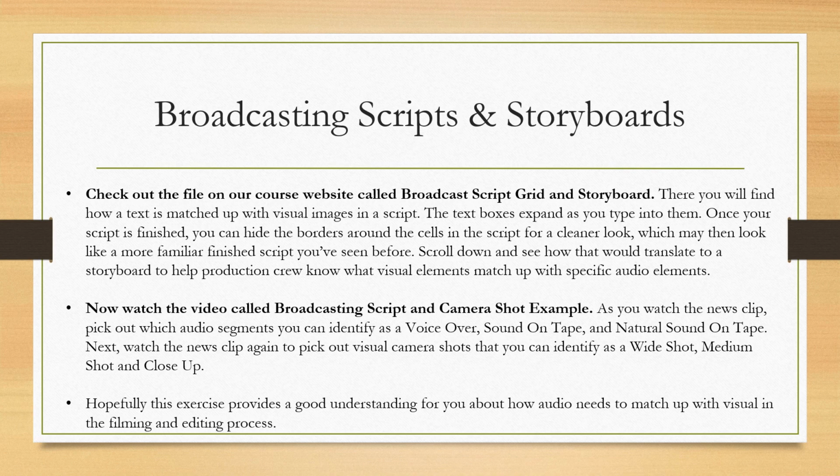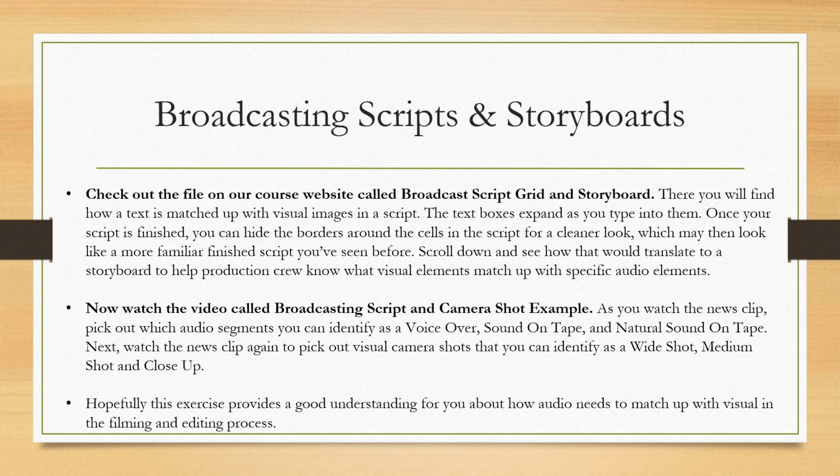So to practice what we've learned for broadcasting, for both writing and these visuals, go ahead and look at the broadcast script and storyboard document, and there you'll find how the text is matched up with visual images in a script. Those text boxes expand when you type in them, so it grows with you.